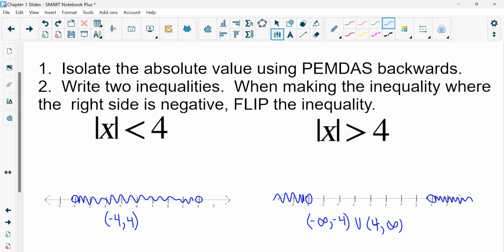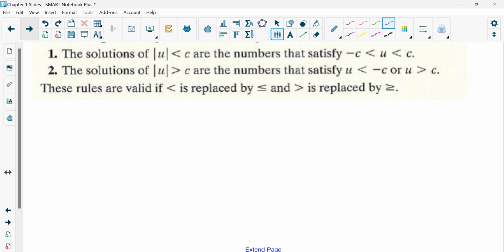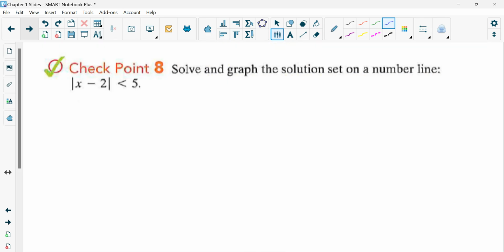Okay, so those again are the most basic. Now we'll make them a little bit more complicated. All right, so our first one says absolute value of x minus 2 is less than 5. Again, our first step is always to isolate that absolute value.